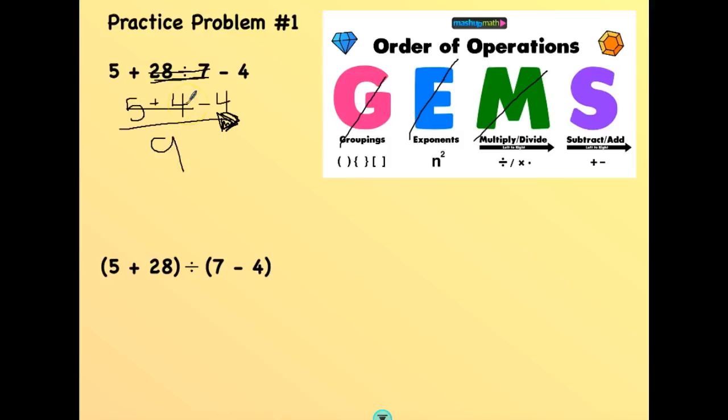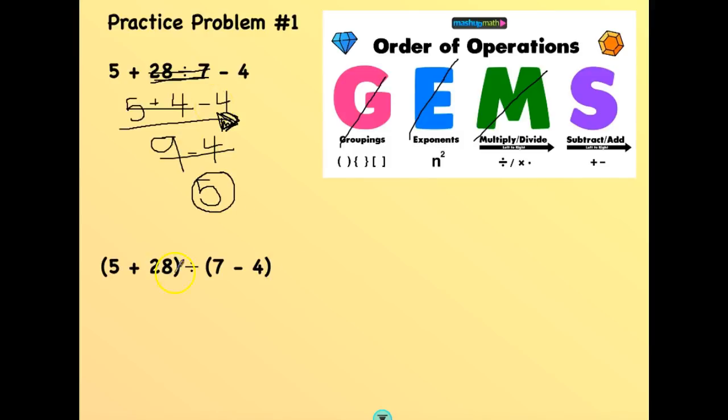So I cross that out, showing that I've solved it, and I write the 9 underneath it, and then I bring down the rest of the problem, 9 minus 4. Now this is easy because that's all I have left, so I don't have to worry about which one should come first. So I cross that one out. 9 minus 4 is 5. So the value of this numerical expression is going to be 5.